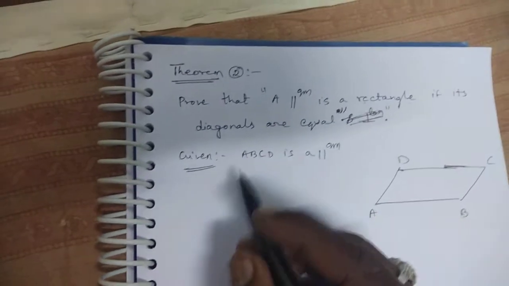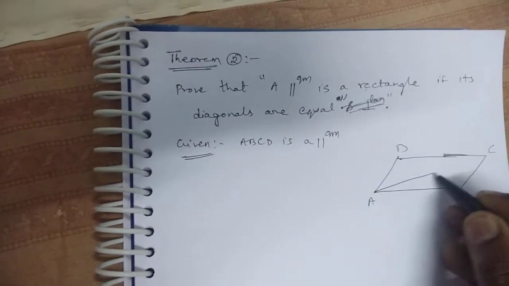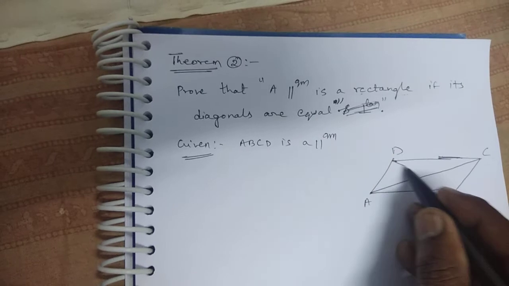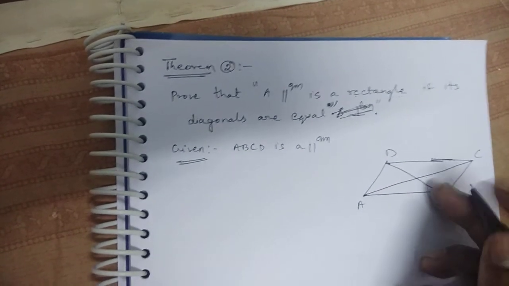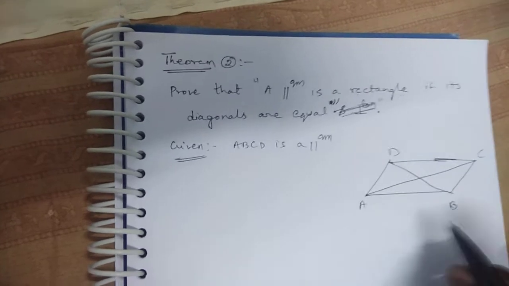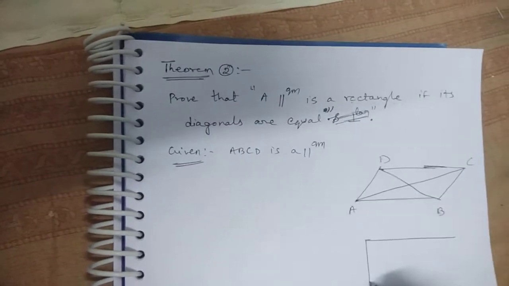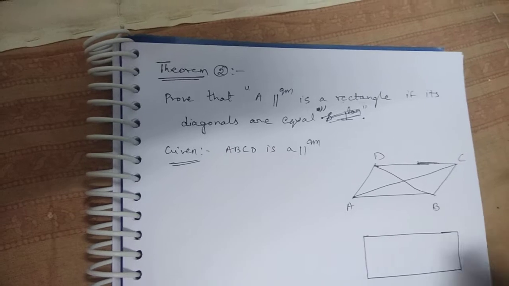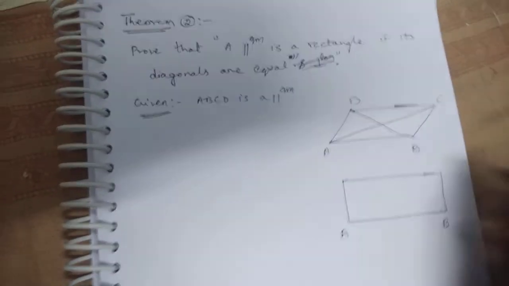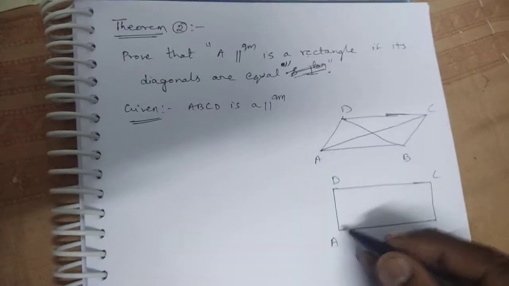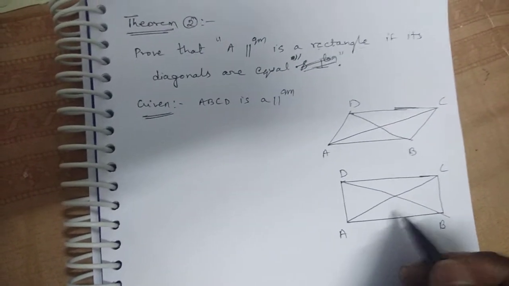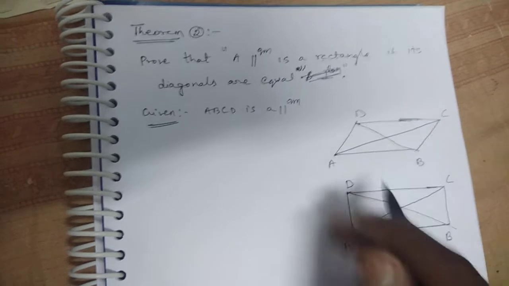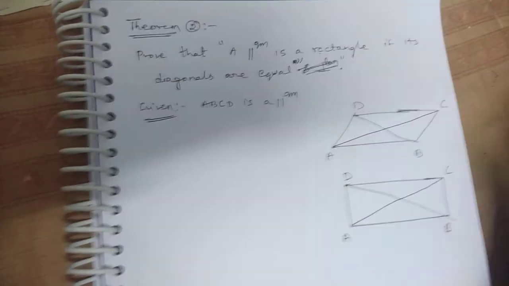And it is said that diagonals are equal. Diagonal AC is equal to diagonal BD. Now we should prove this is a rectangle. To prove ABCD is a rectangle, we should prove each angle is 90 degrees. So what do I have to do?